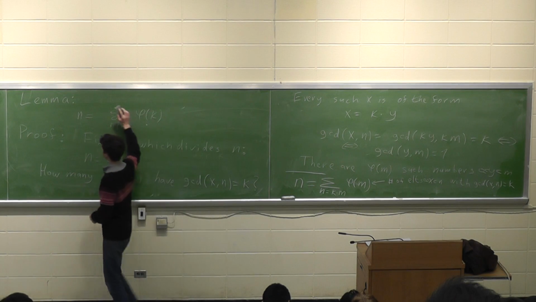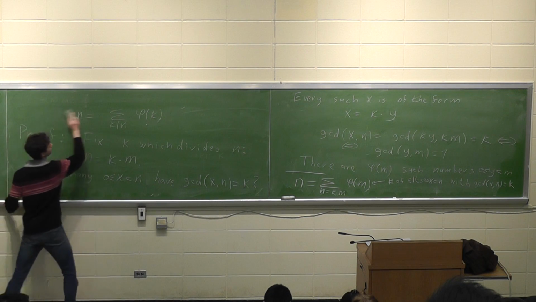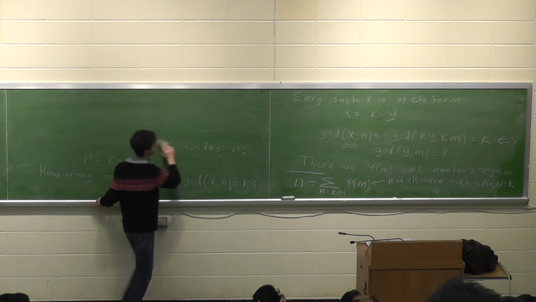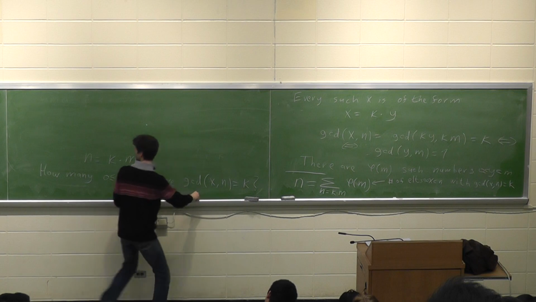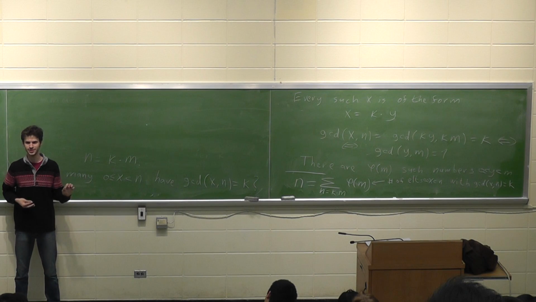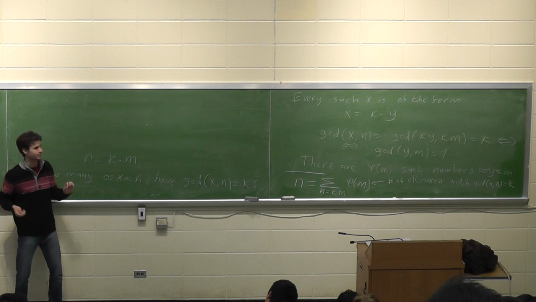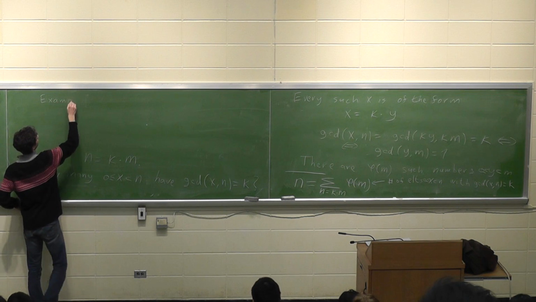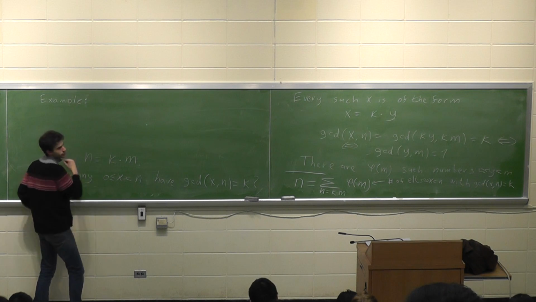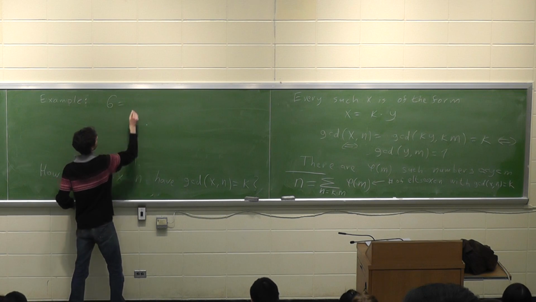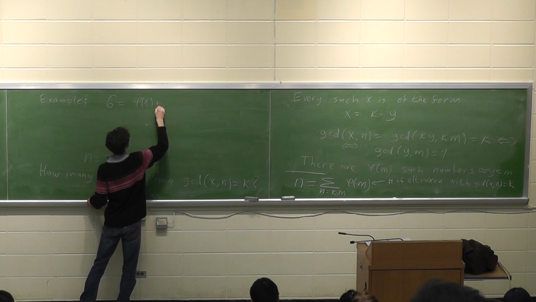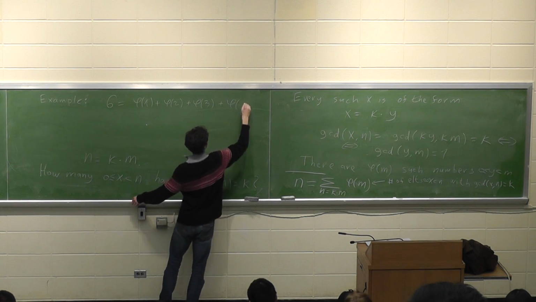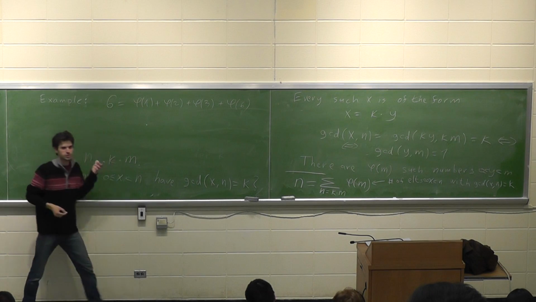Okay, maybe we'll do an example because it's really a simple thing and I really don't want you to be confused. So, example. If I want to prove that 6 is φ(1) plus φ(2) plus φ(3) plus φ(6), what I do is just as follows.